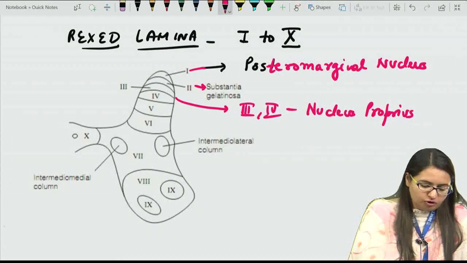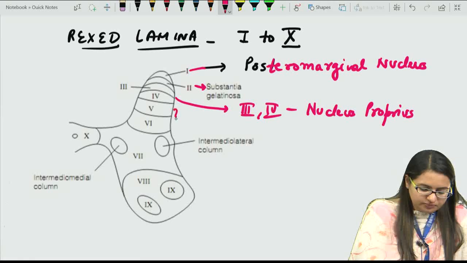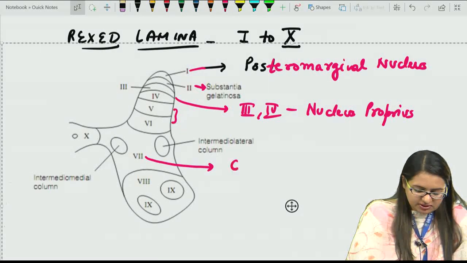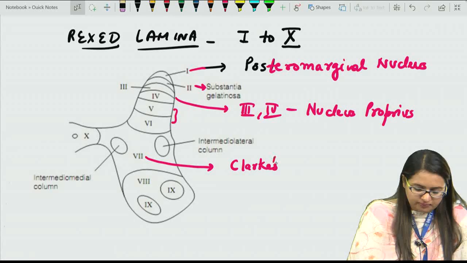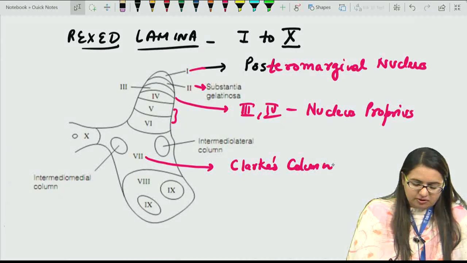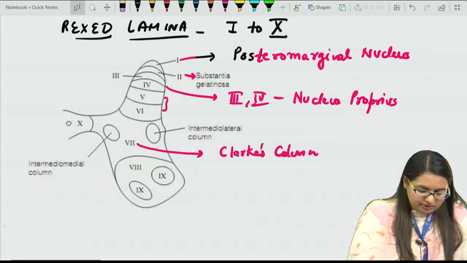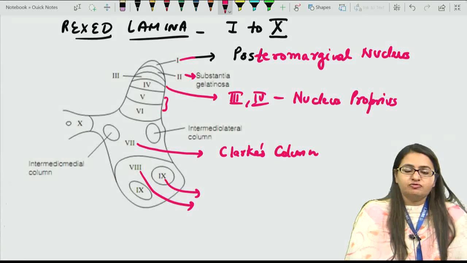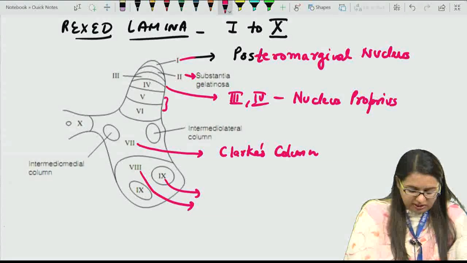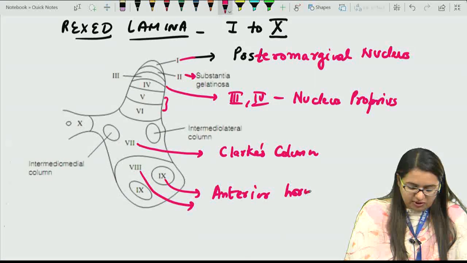The fifth and sixth form the base of the dorsal column. Then seventh is for the Clark's column, which is the nucleus for this dorsal spinocerebellar tract. The eighth and ninth form the medial and lateral nuclei of the anterior horn of the grey matter.